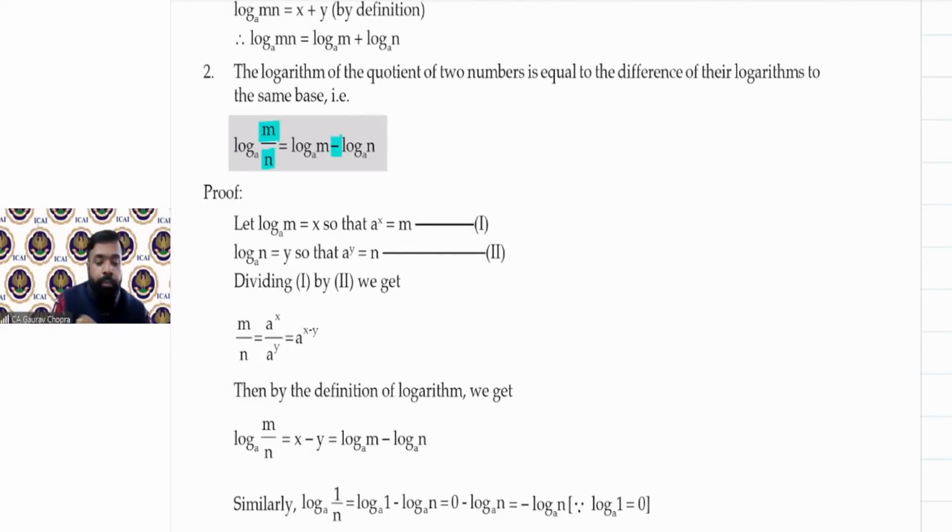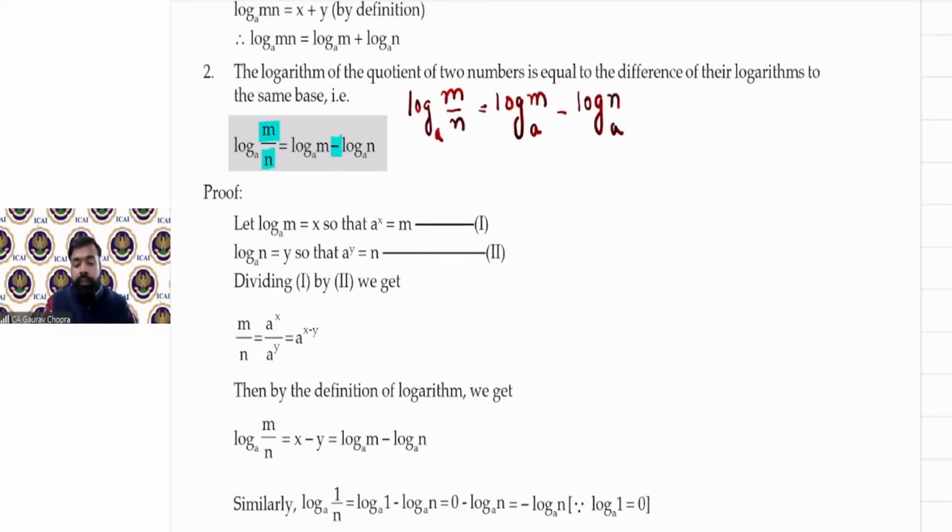So log m upon n with base a is written as log m base a minus log n base a. This is the basic formula.